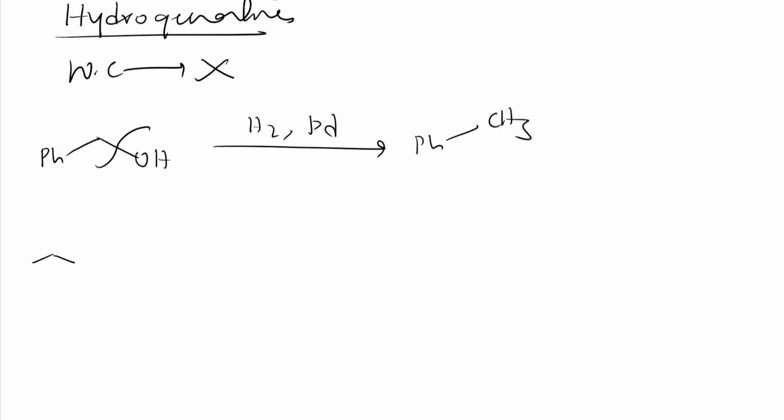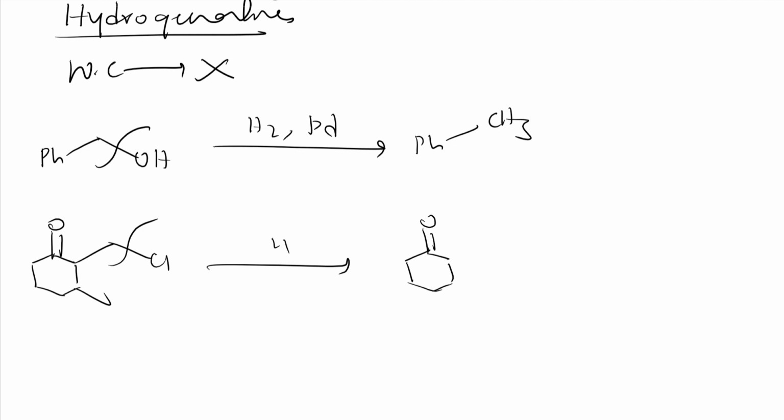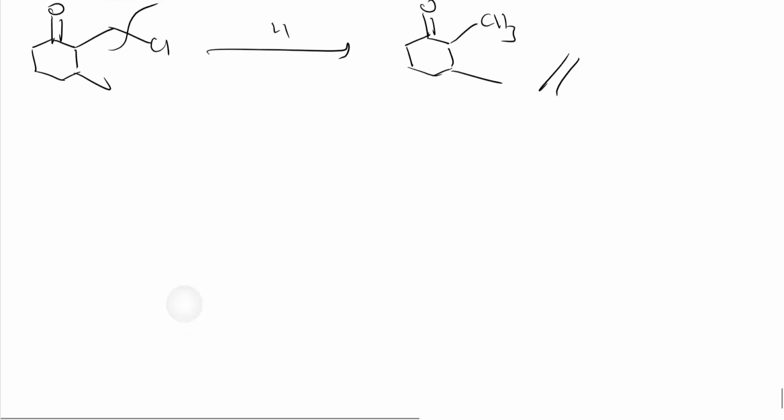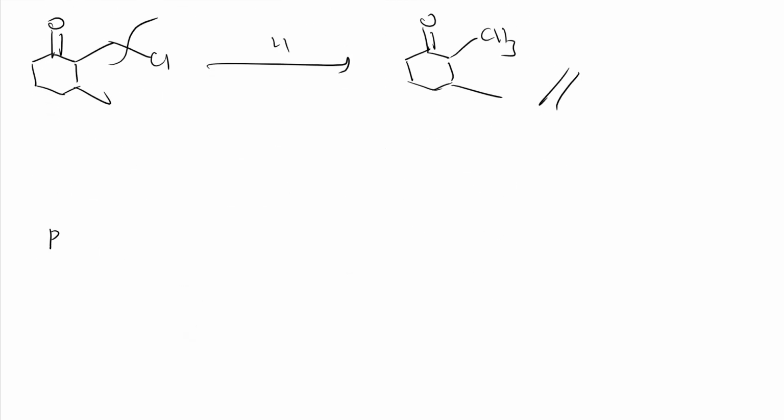Similarly, if I have a compound like this, see here, to this if I add hydrogen and palladium, this bond will break and it will simply convert to CH3, right? So this is hydrogenolysis. This Wilkinson catalyst will not do it. For example, see here, PhCH=CH COOCH2Ph.